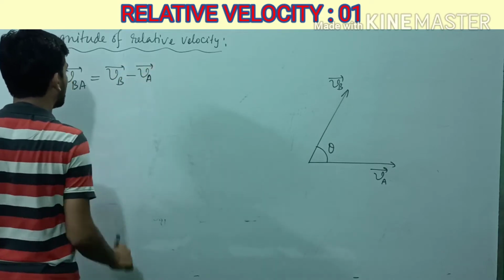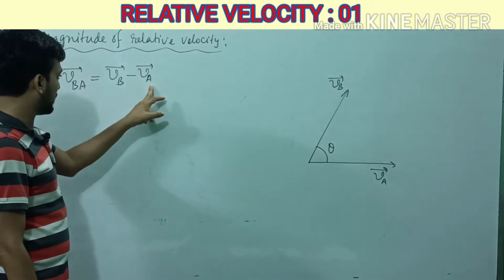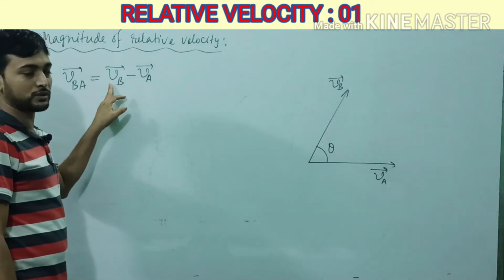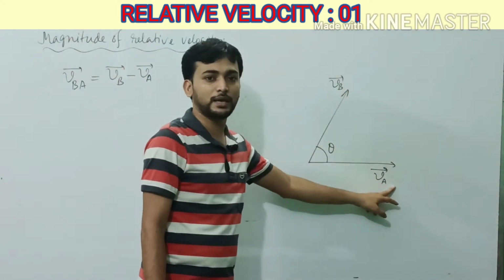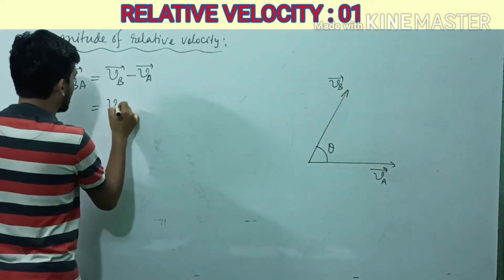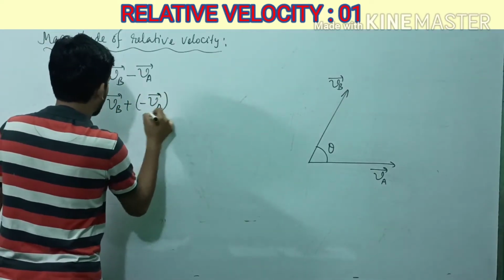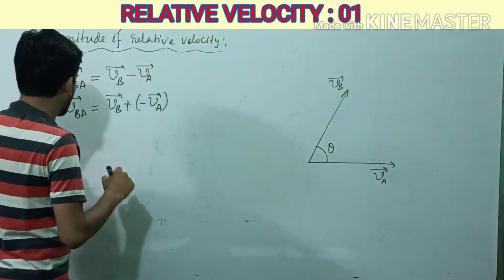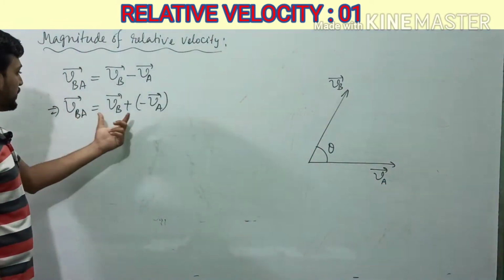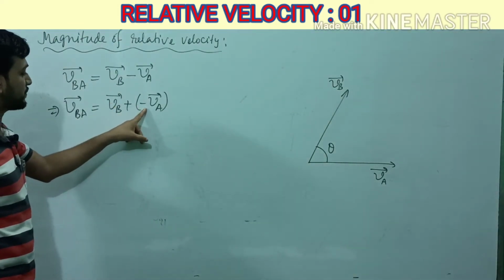As I have already said, you have to subtract the actual velocity of the observer from the actual velocity of object. Here the object is what? B, and the observer is A. Now this equation can be written as VB plus of minus VA. So in order to find the relative velocity, we can take the resultant of VB vector and minus VA vector.